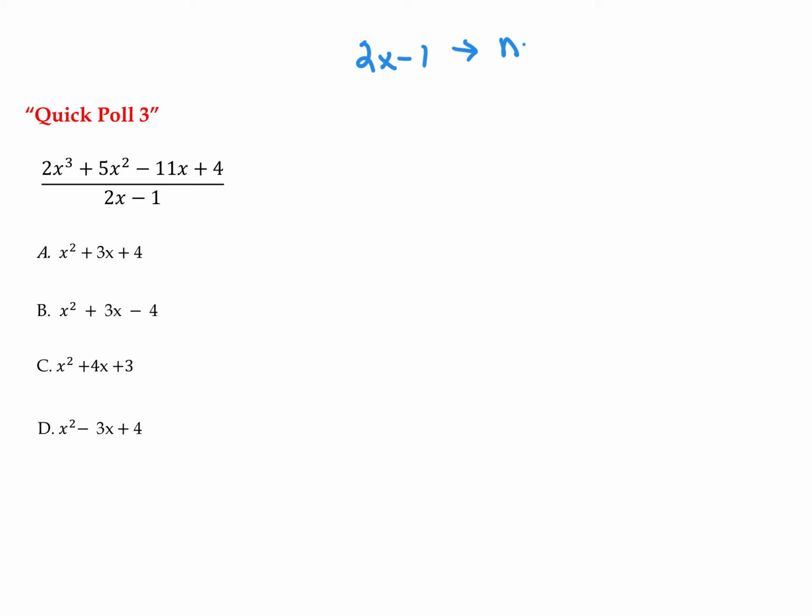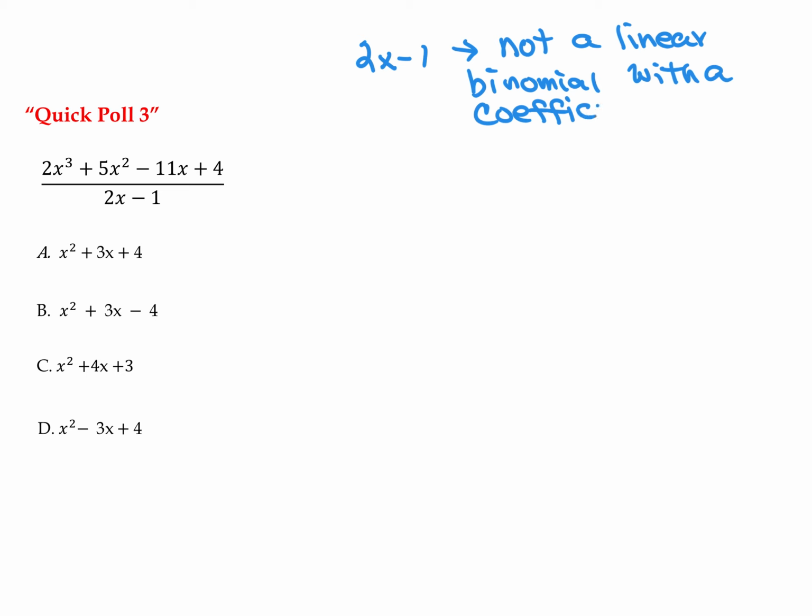Right, on this one, my divisor is 2x minus 1. This is not a linear binomial with a coefficient of 1. It has a coefficient of 2. That means that I have to do long division.